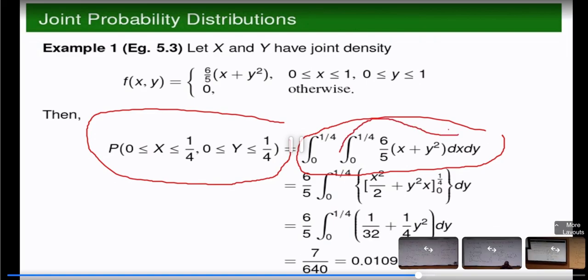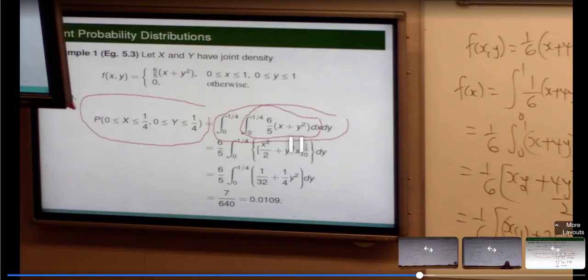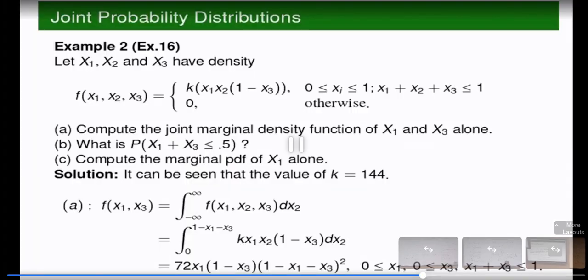This is going to be a sequential integration. I'm going to do this one first. Then after I'm done with that, I'm going to go for the second one. And at the end of the day, I'm going to get this result. Is there any question on this? You just need to revisit your knowledge of antiderivatives. Okay, now I'm going to move on. That's how to get it jointly.